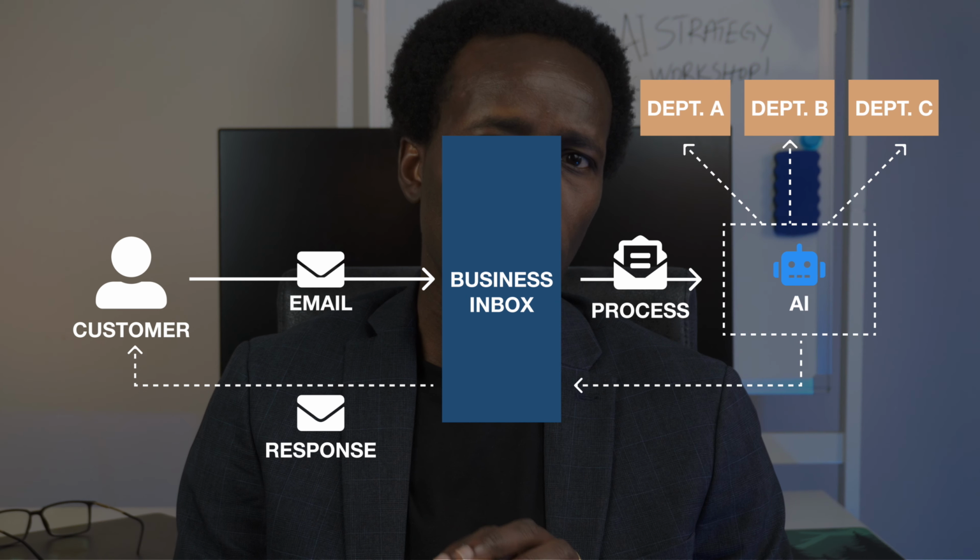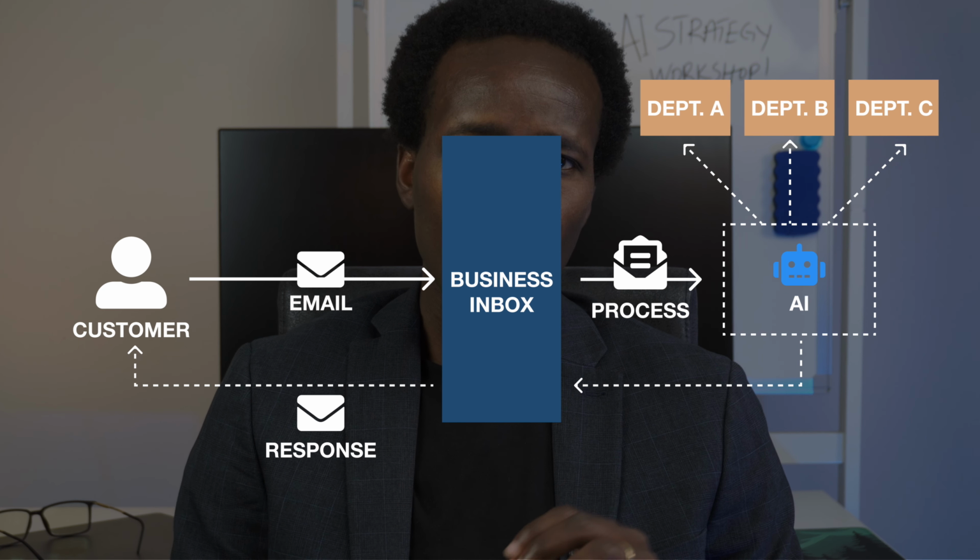Another situation is if in your business you have customers that send you emails, either requesting work or following up on work, or anything that's related to your core business, but it happens through an email interface between your business and your customers. Then AI can also help there.